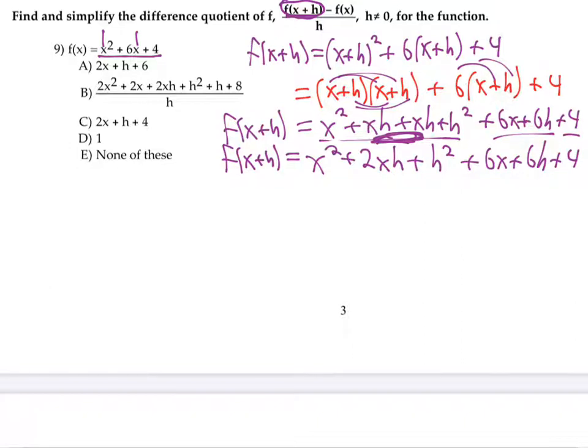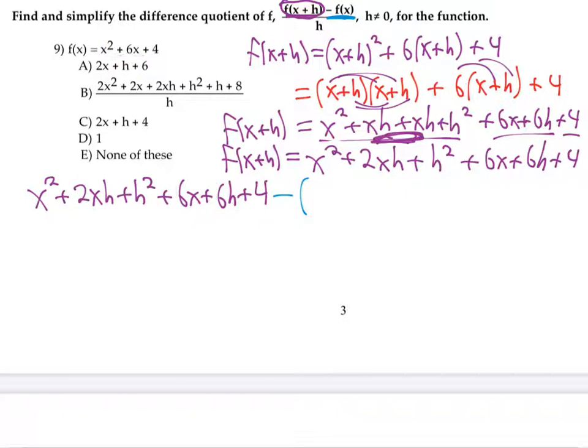Now, we're going to take that whole thing, x squared plus 2xh plus h squared plus 6x plus 6h plus 4, and we're going to, what does it say? Subtract all of f of x. All of f of x. What's f of x?